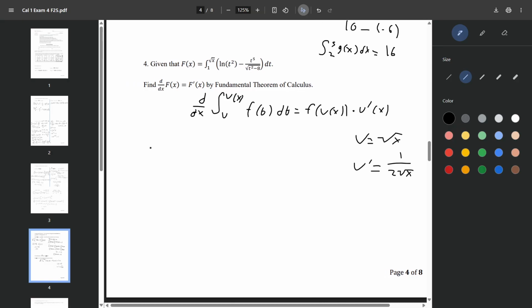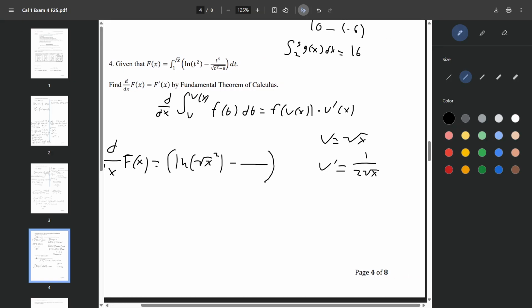So, with that in mind, d/dx of F(x) is going to be equal to ln of root x squared minus root x to the 5th over root x squared minus 8, all of this times 1 over 2 root x.